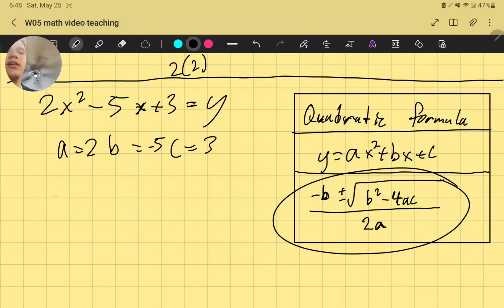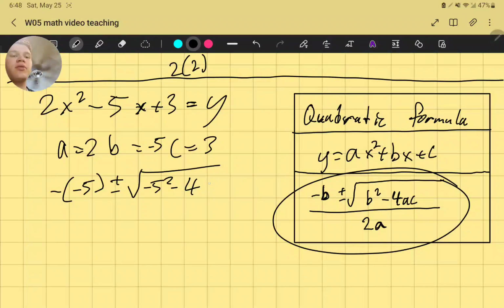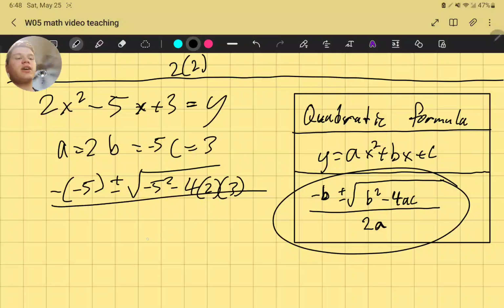So we take -b, which is 5, plus or minus the square root of -5 squared minus 4 times 2 times 3, all divided by 2 times 2.